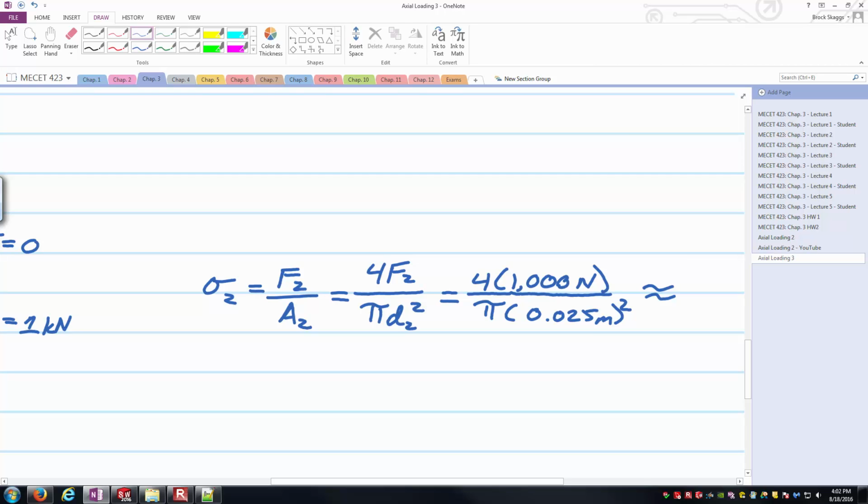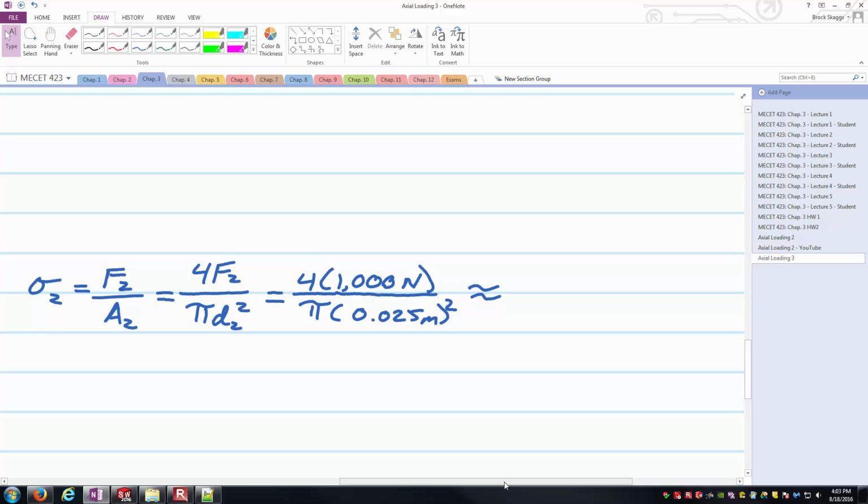And so we've got 4,000 newtons in the numerator divided by pi times 0.025 squared. Gets me right around 2.04 megapascals. So this is carrying a stress of right about 2.04 megapascals, or experiencing a stress of about 2.04 megapascals.